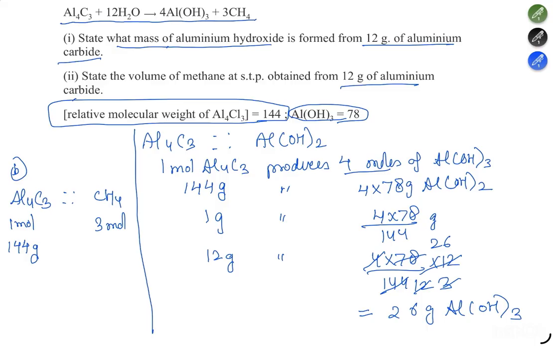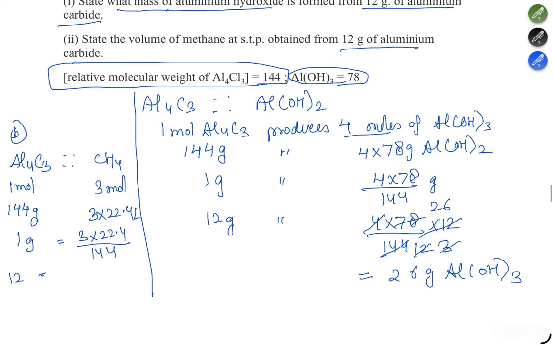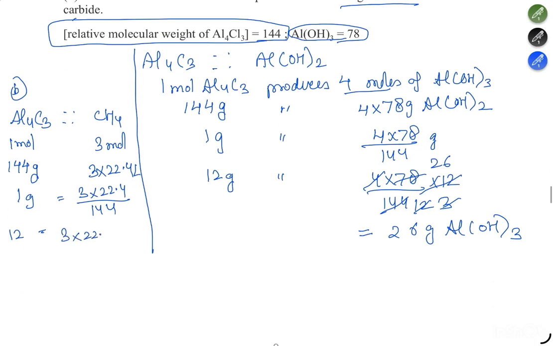3 moles means, if I say in liters, 3 times 22.4, because 1 mole occupies 22.4 liters. So I can say that 144 gram of aluminum carbide produces 3 into 22.4 liter of methane. So 1 gram will produce how much? 3 into 22.4 upon 144, and 12 gram will produce 3 into 22.4 upon 144 into 12.